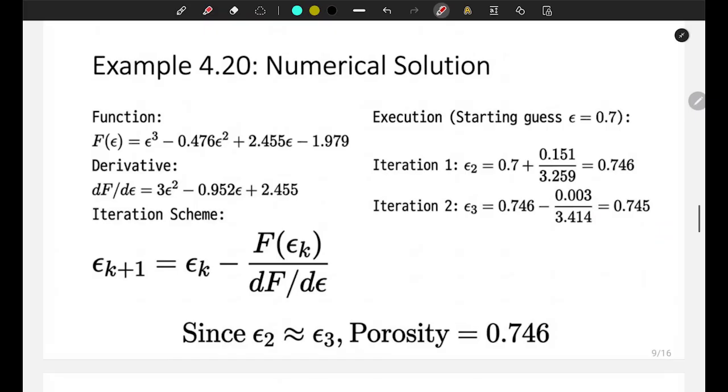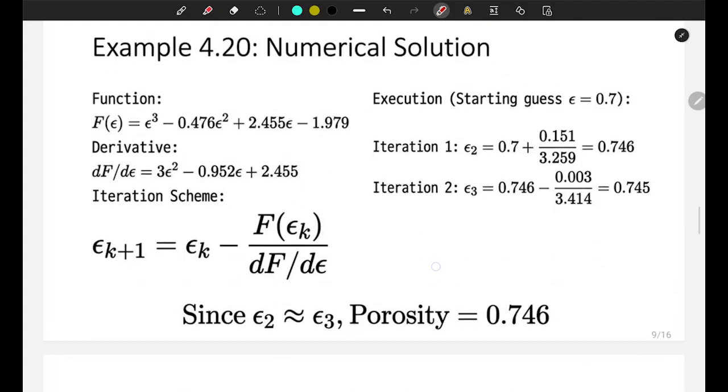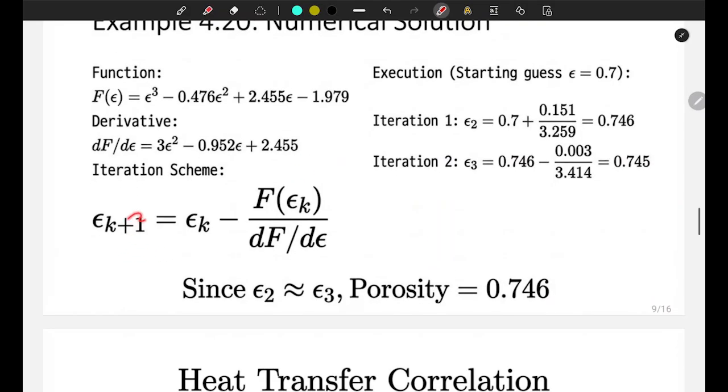The next numerical, in which we are given the porosity function, and we have taken the derivative of the friction factor with respect to porosity to get the optimum value of the porosity, and for that we use the Newton-Raphson method.